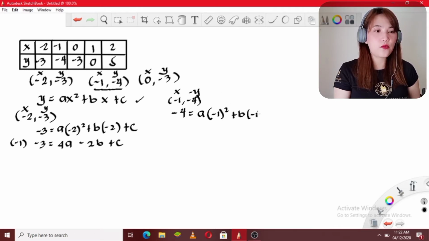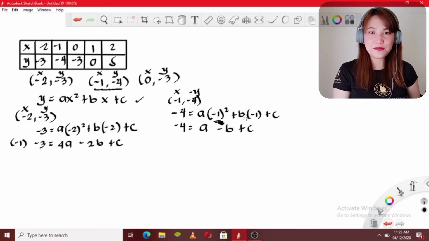Again, x is negative 1 plus c. Ayusin natin. So, we can write this as negative 4 equals the square of negative 1, that is positive 1 na, times a. So, 1a or simply a na lang ang isusulat natin. Next, plus b times negative 1, that is negative 1b or negative b, and then copy plus c. Alright? This is now our second equation.